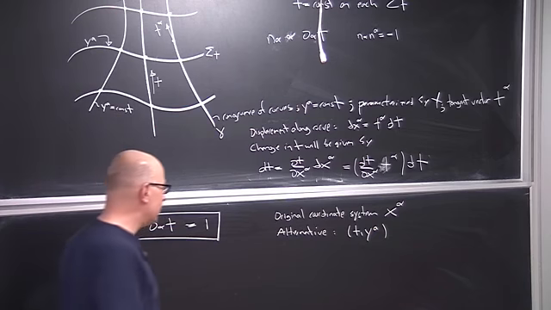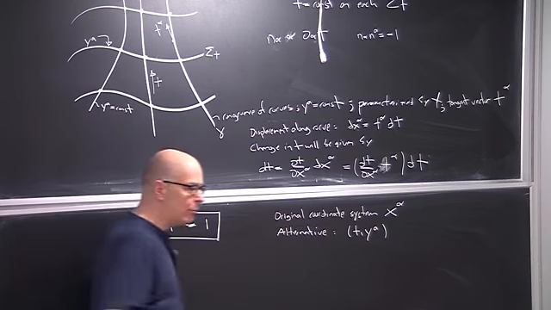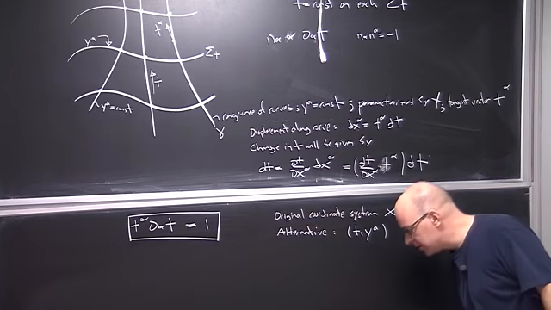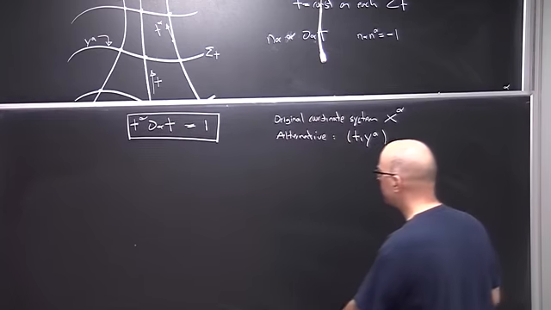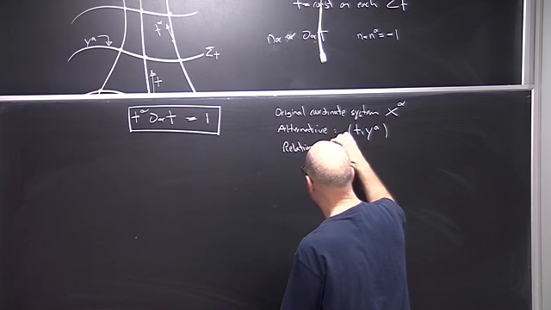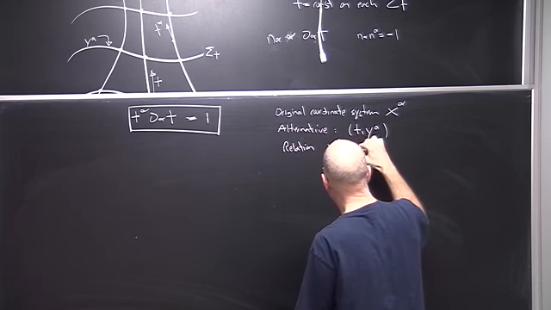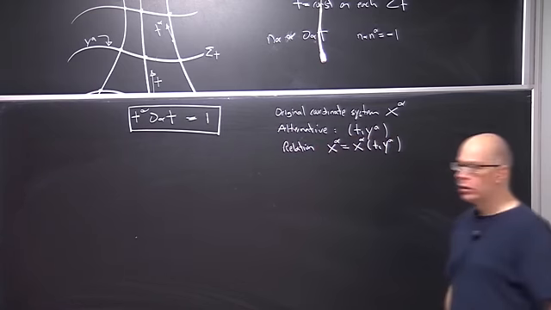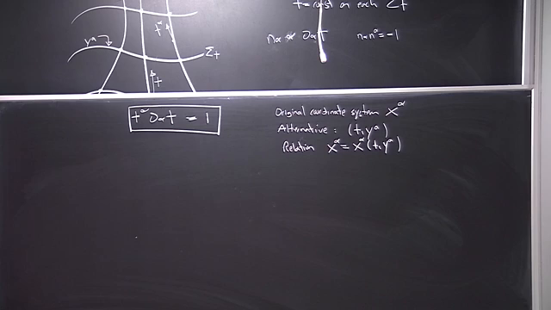And in general, there will be some relationship, that may or may not be simple, between the original coordinate system and the alternative set. So in general, there will be some relation where x alpha can, in principle, be expressed in terms of the alternative coordinates. There will be some formal relationship between the old coordinates and the new coordinates.